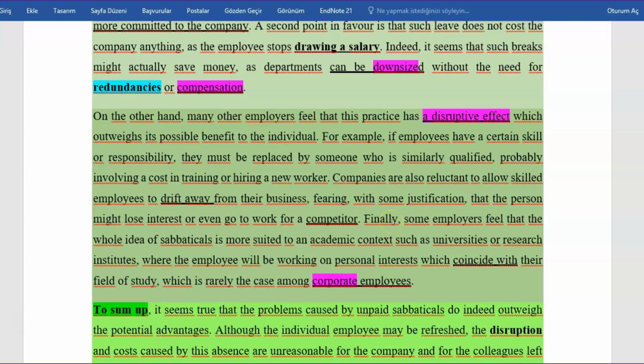Finally, at the end, as a last point, some employers feel that the whole idea of sabbatical time is more suited to an academic context, to an academic world, such as universities or research institutes, where the employee will be working on personal interests which coincide with their field of study, field of research, which is rarely the case among corporate employees, big companies, right?